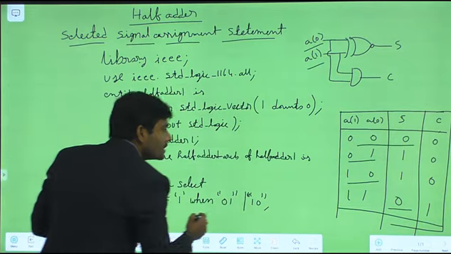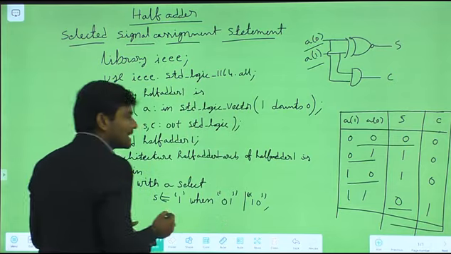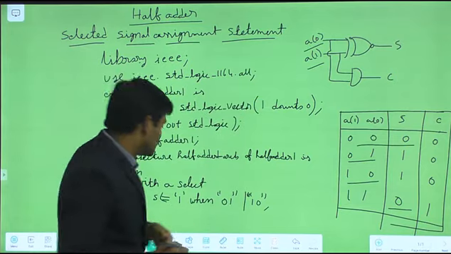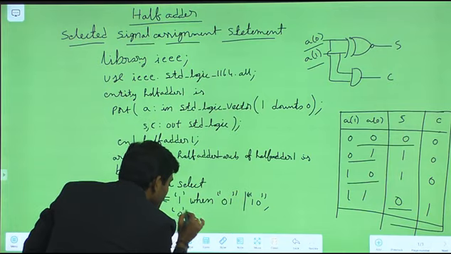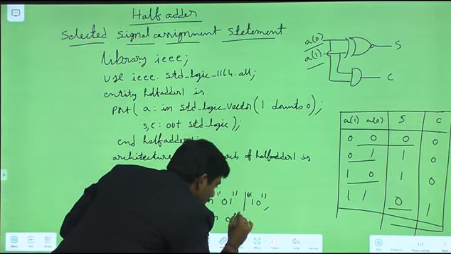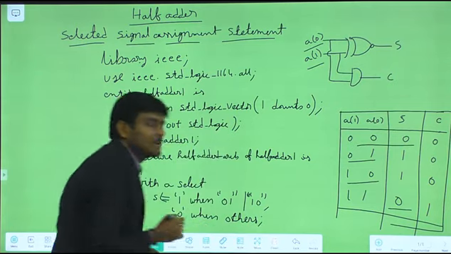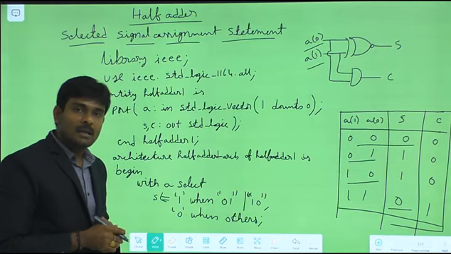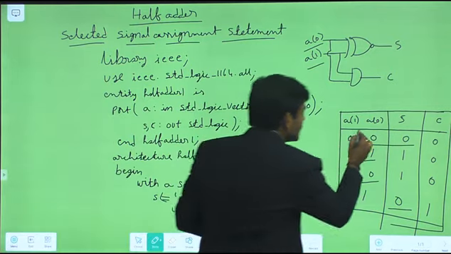Next, I need to cover the remaining two combinations. For those, obviously, the sum becomes 0. So 0 when others. You can directly mention it as others.